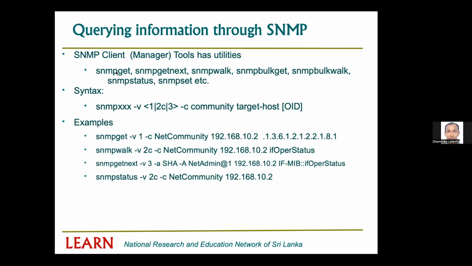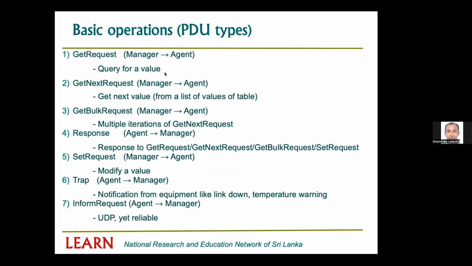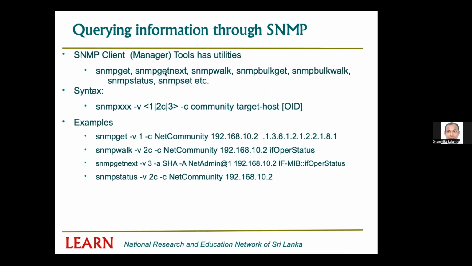Each of these commands implements a particular operation, as I said, there were 7 operations. For example, snmpget implements the get request, likewise snmpgetnext implements the get next request. Normally, client tools have implemented each of the above set of operations.